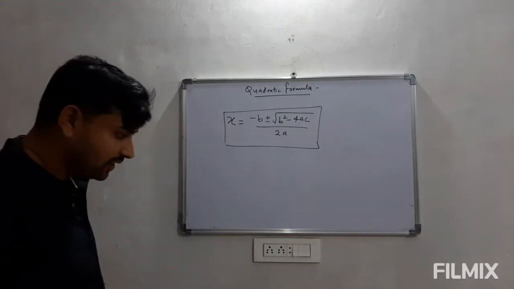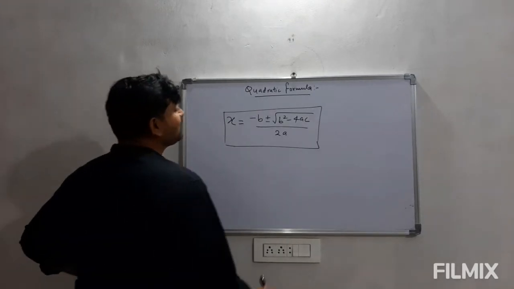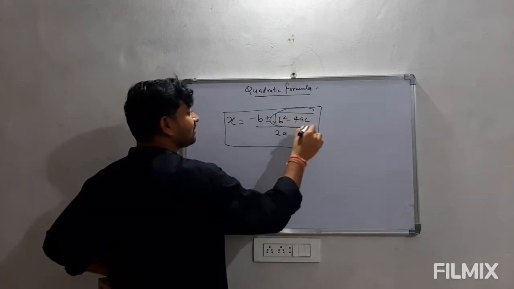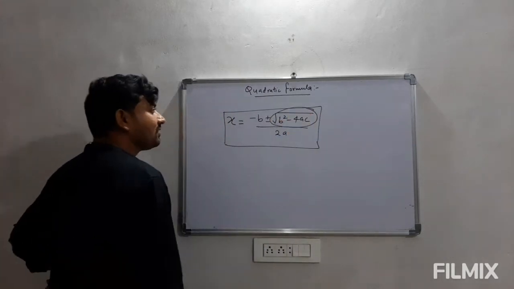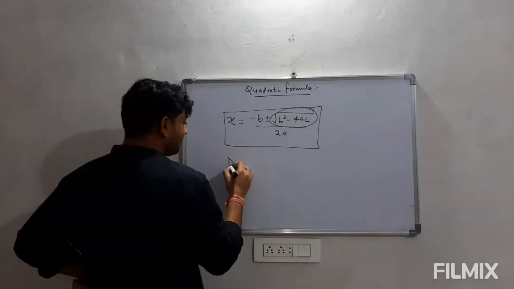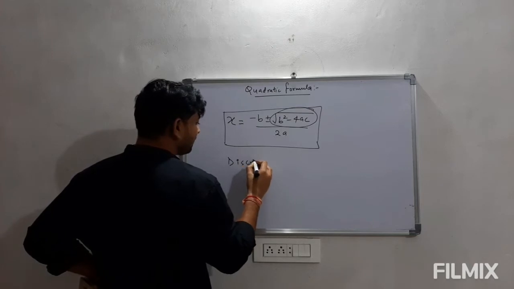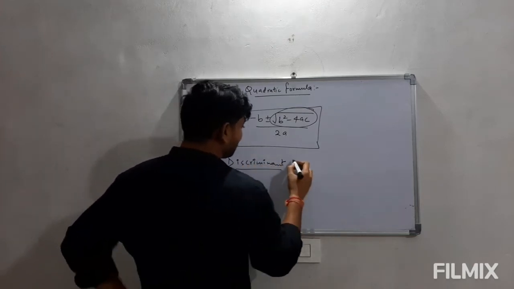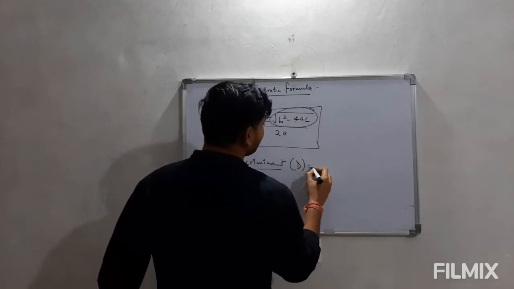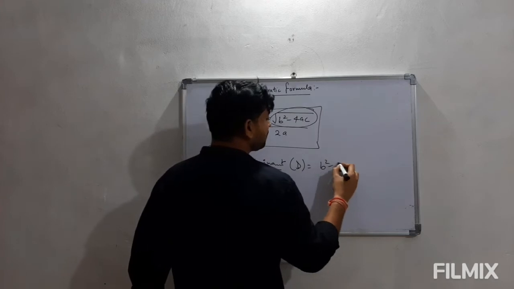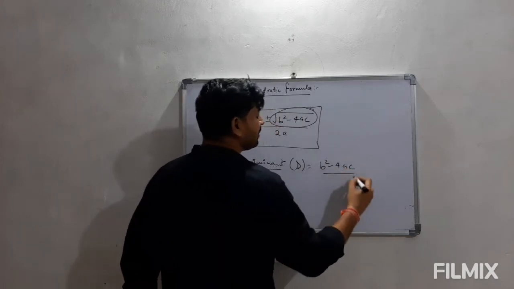Now, whenever we are going to use this formula, there is a very important part here, that is the number inside the radical sign. We generally use this separately, and it is called the discriminant. We write it with capital D, and that is nothing but b square minus 4ac.